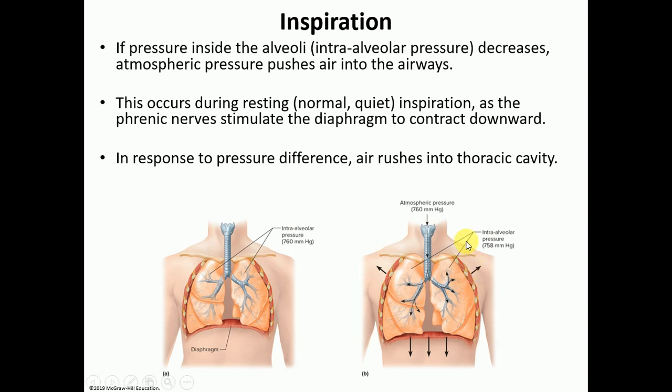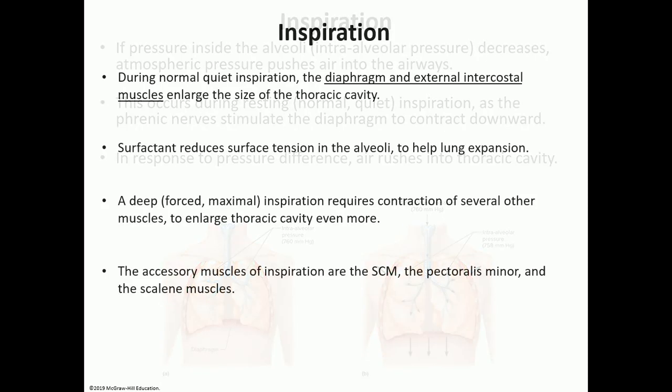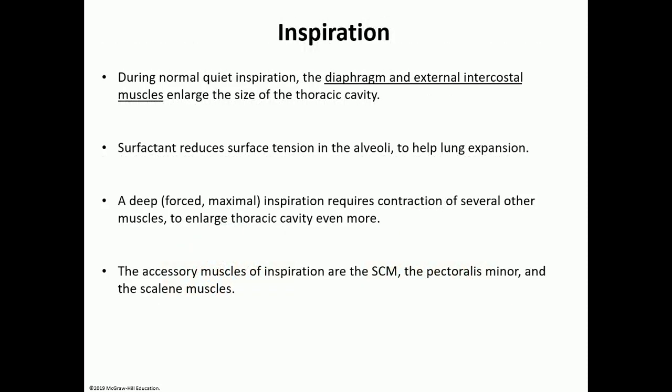That decrease in pressure is going to push air from the atmosphere into the alveoli. This is what happens during normal or quiet inspiration. So you're at rest, your diaphragm is doing the work. Sometimes we might even need the external intercostals, but the diaphragm is definitely your main inspiratory muscle.